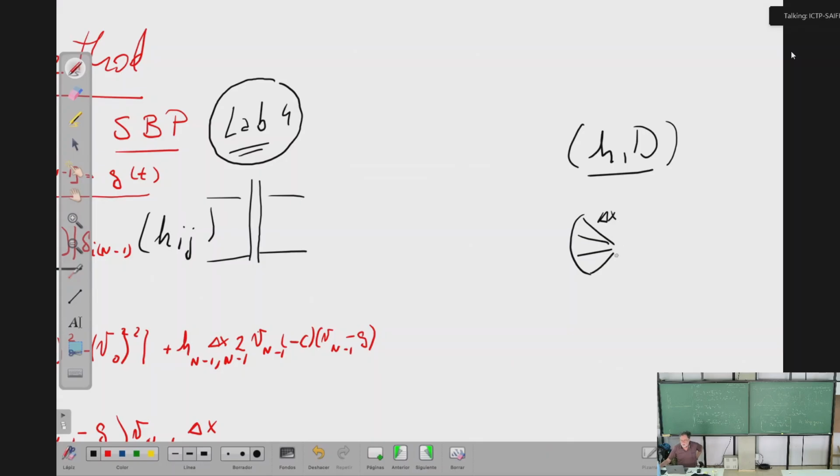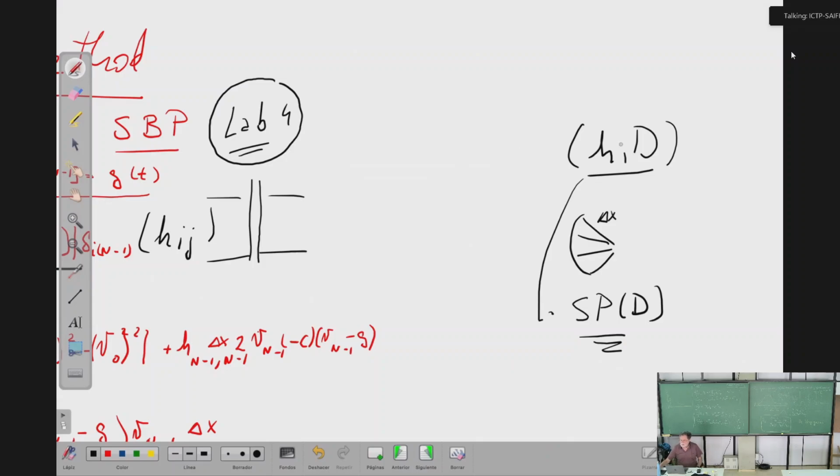So that's why in the library there is a function that I don't remember that says scalar product, that is this H of the D, and that's what you have to use. And it's the last point or the first point, whatever, if you are at the beginning or the end. And they are symmetric, so the last point value is the same as the first point.